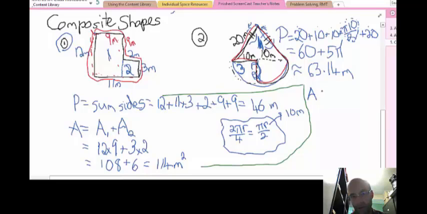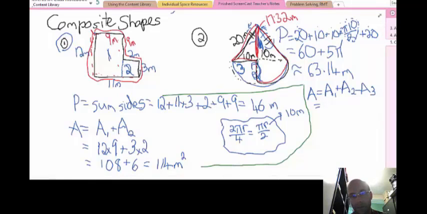Total area equals area 1 plus area 2 minus area 3. Again, this is not the only way of doing this one. Area 1 is an equilateral triangle. We have base times perpendicular height. The perpendicular height I've worked out for you, and that should be given at this stage in the course.